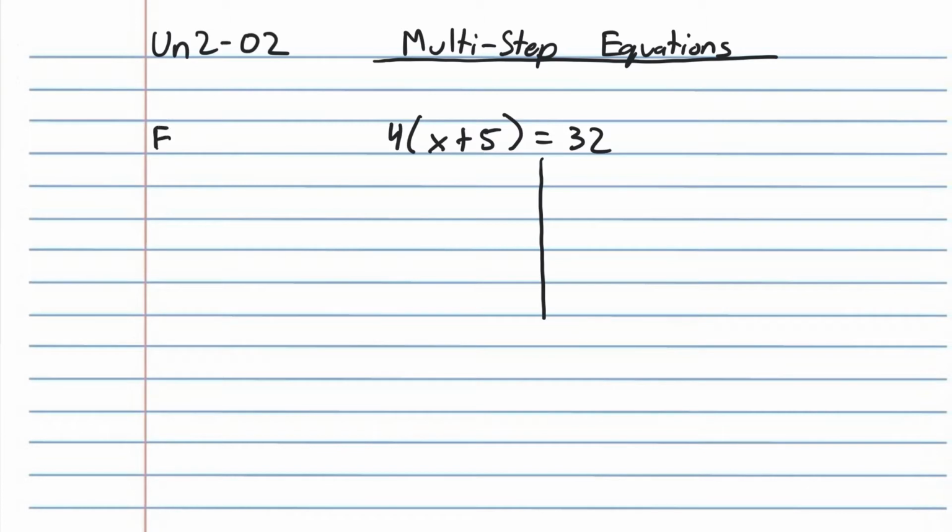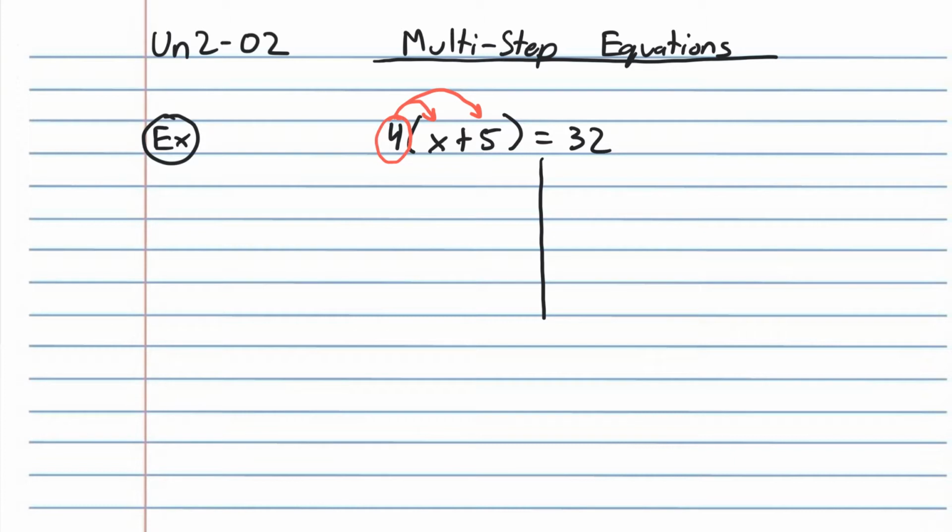Now, the key with answering these questions is staying organized, because as we go through this course, the equations get a little bit more complicated each time. The thing that should stand out in this question is that you have a distribution that you have to do before anything else, right? We covered distribution a couple videos ago, and that's the idea of taking that number on the outside and multiplying it to everything on the inside.